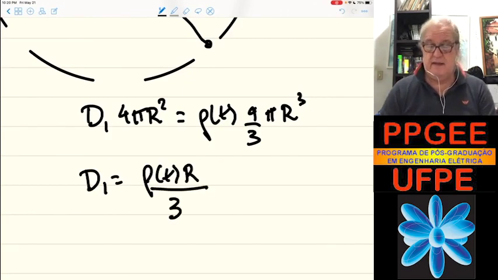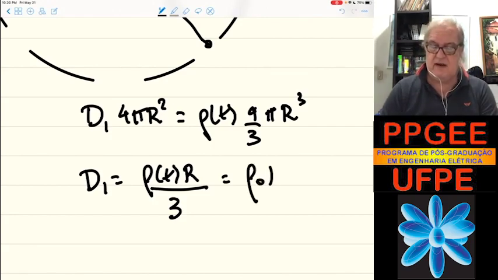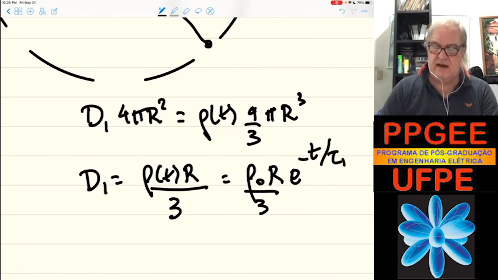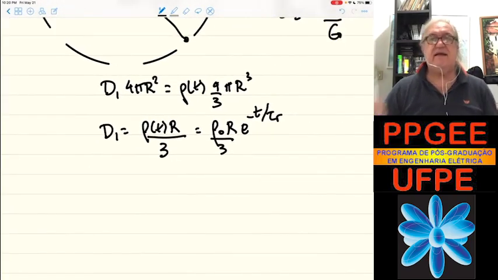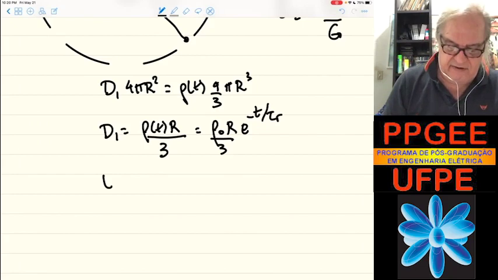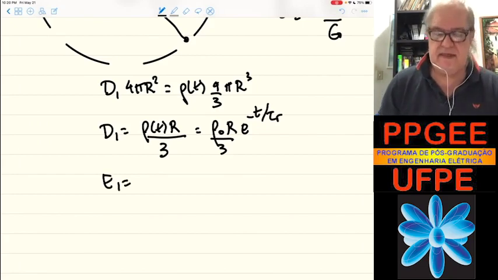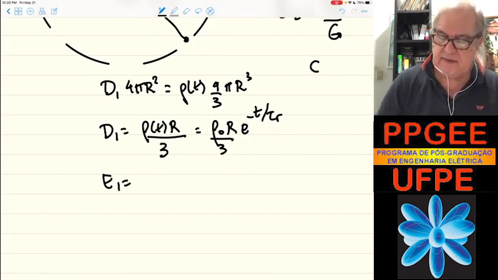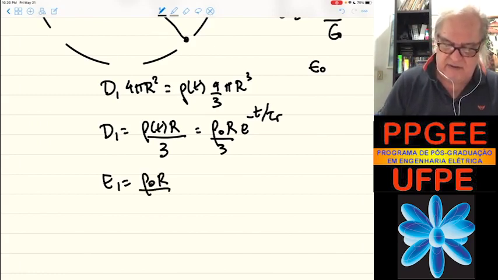So it's going to be a transient field, rho 0 r over 3, exponential of minus t over tau r. Then we have the E field inside, divided by the permittivity. Let's assume the conductor has a permittivity epsilon 0 as well. So it's going to be rho 0 r over 3 epsilon 0.